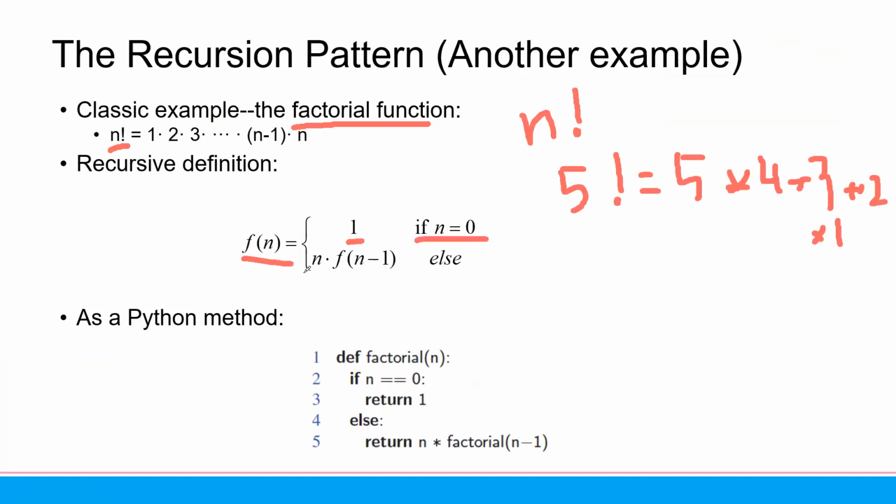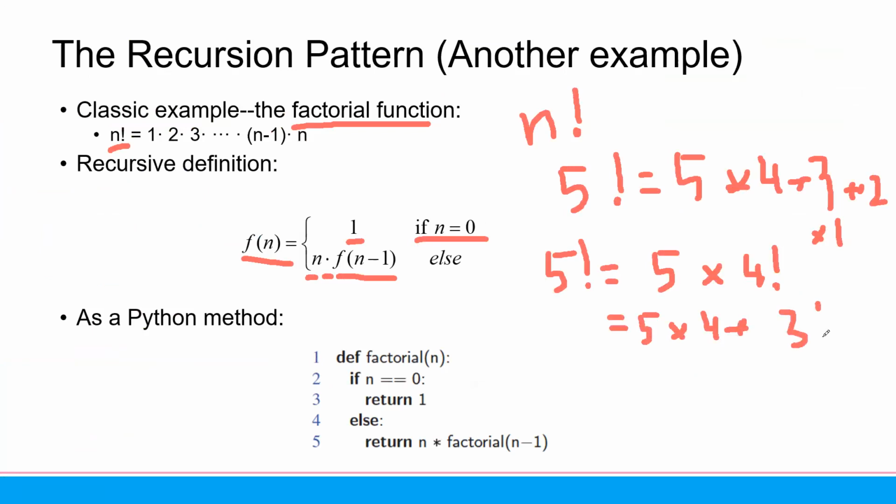If it is not 0, then it will be n multiplied by Fn minus 1. So if I have 5 factorial, I can make it 5 multiplied by 4 factorial. I can again decompose it into 5 multiplied by 4 multiplied by 3 factorial, and so on.